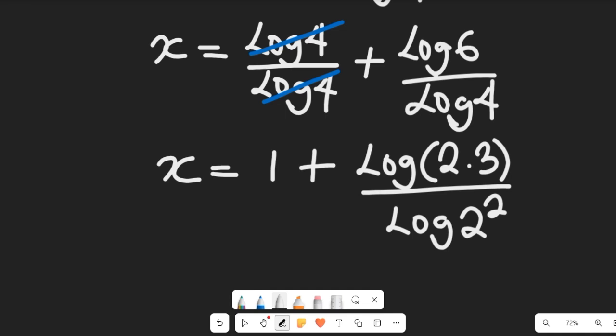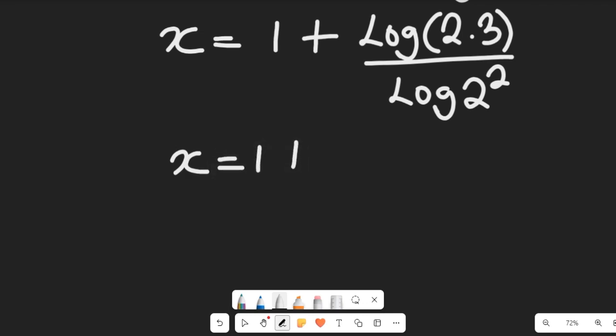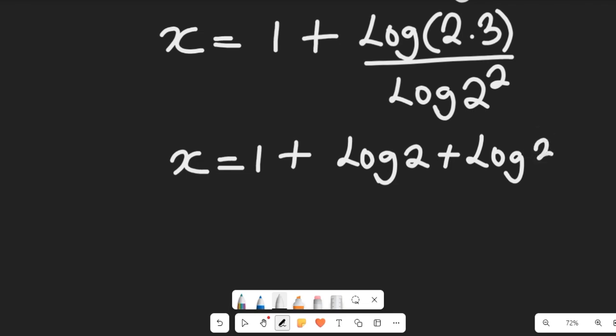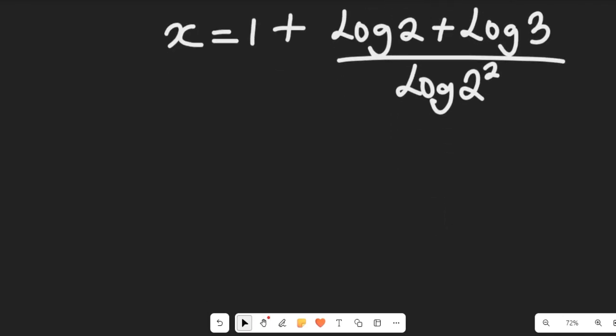Great. Now if we expand that, we are going to have that expression to now give us x equal to 1 plus log of 2 plus log of 3, and all of these will be divided by the log of 2 to the power of 2. Great. Now, if we simplify that, we can still separate that, right?